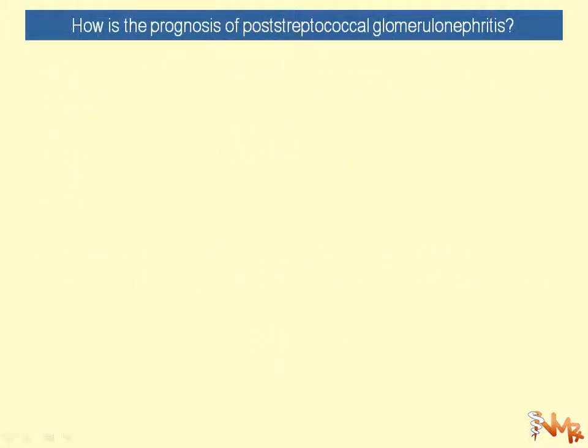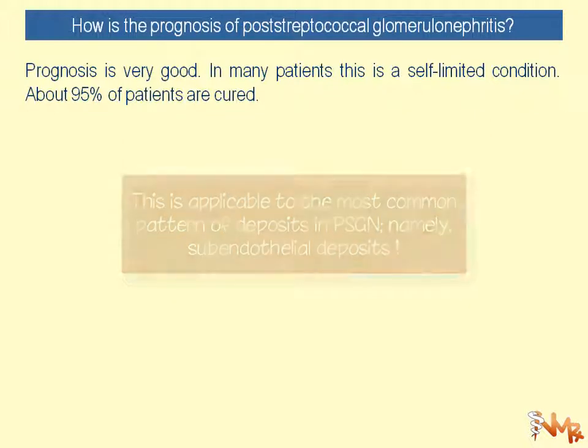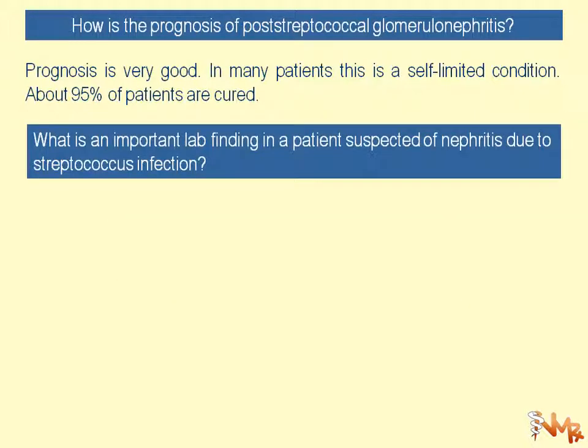How is the prognosis of PSGN? The prognosis in these children is very good, and it is a self-limited condition. 95% of the patients are cured. What is the important lab finding in a patient suspected of nephritis due to a streptococcus infection?